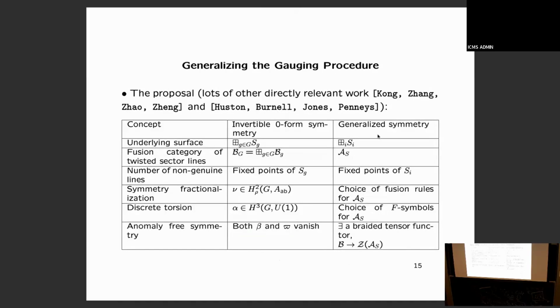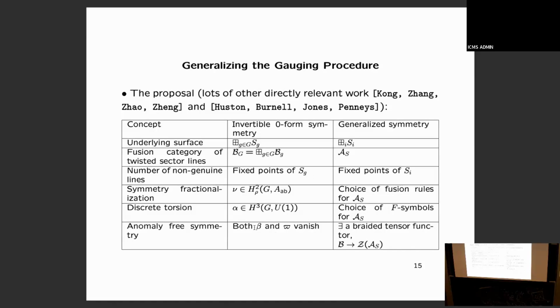So what happened to the obstruction to gauging in H4? Yeah, so the existence of this braided tensor functor kills that. That's equivalent to saying that there's no 't Hooft anomaly. I should be careful here. I don't think I should actually include this beta here, because in principle, Corey can correct me if I'm wrong, but I think even if we have a non-trivial beta, as long as we're gauging the two group, there would still be a braided tensor functor.